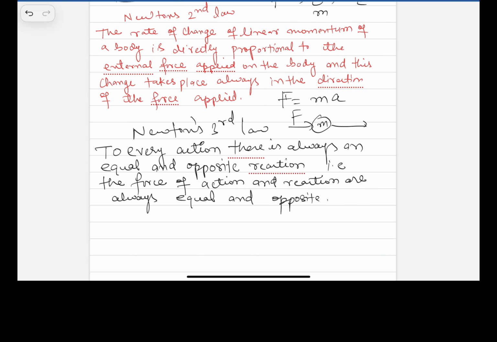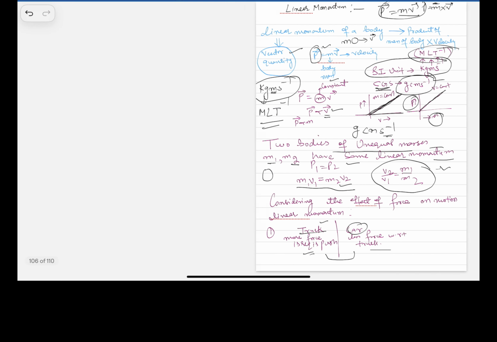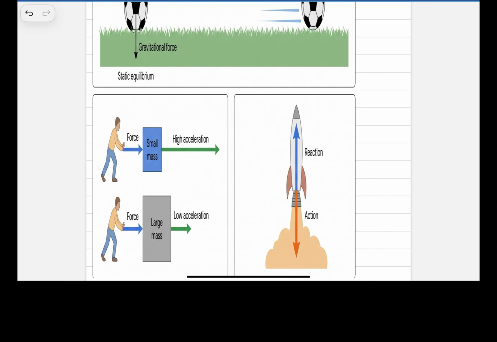The third law we have discussed: to every action there is always an equal and opposite reaction. The forces of action and reaction are always equal and opposite. As you can see here in the diagram, a rocket is applying equal force, it is applying thrust.